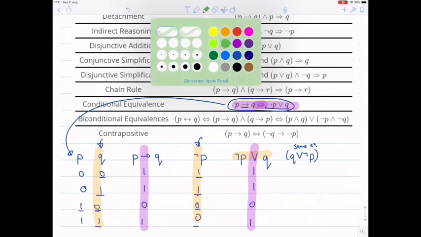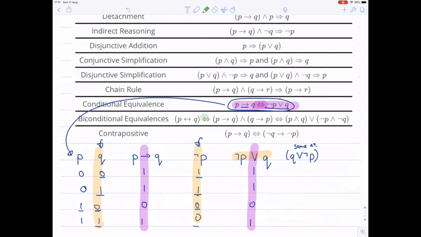The other equivalence that's useful is the biconditional equivalence. This looks like a long thing, so let's just check what we've got here. Well, what we've got is that P if and only if Q could be rewritten as P implies Q and Q implies P, because that's how we defined it.